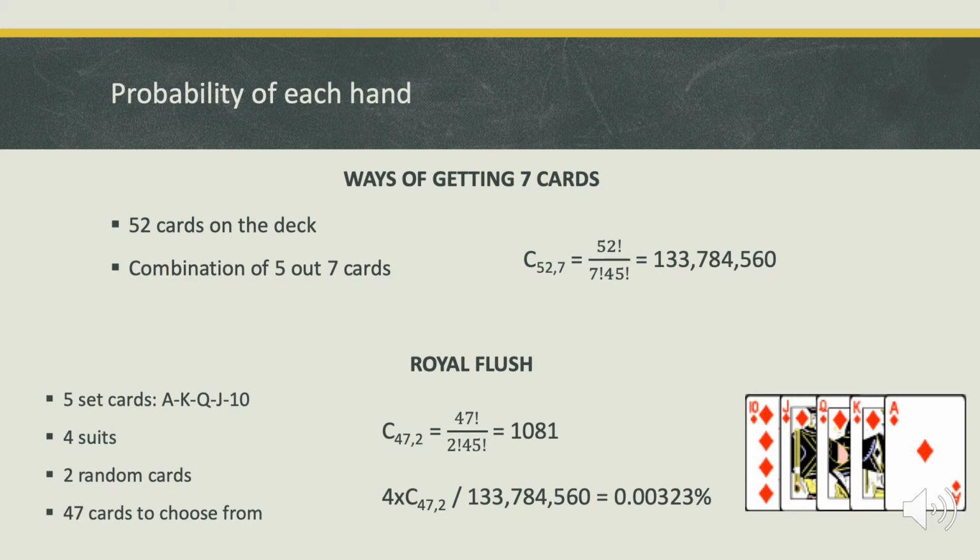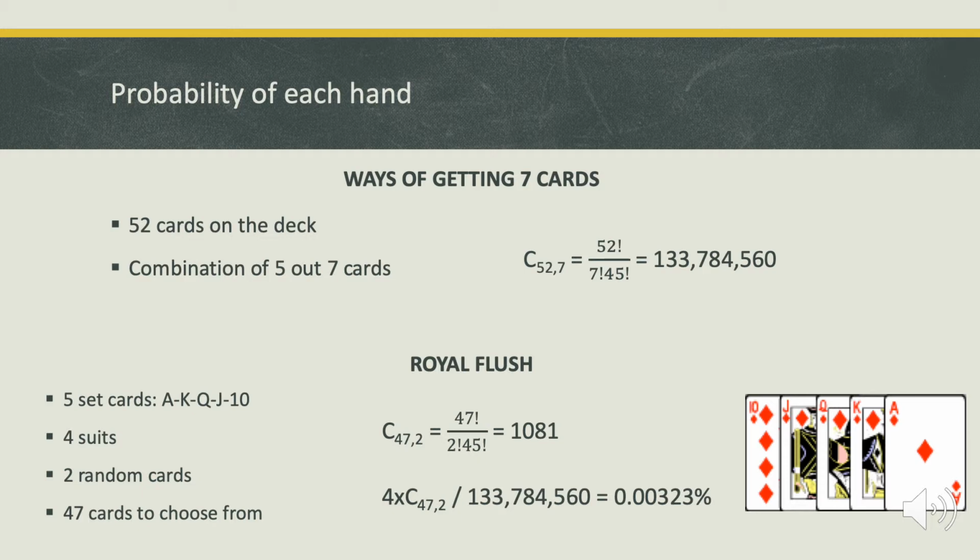So when we calculate 52 choose 7, times 45, which is the difference, you get 133,704,560 possible combinations.